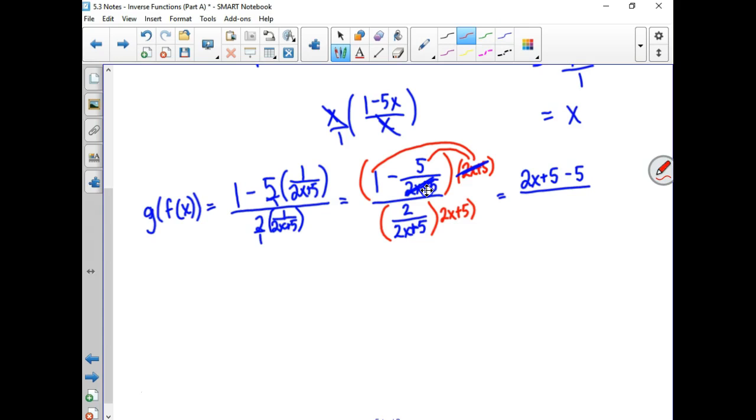And then when I multiply this 2x plus 5 by the denominator, what happens? Those cancel as well. We just get a 2. And from here, the 5's will cancel, so we get 2x over 2, which is just going to be x. So we have proven that those are inverses.